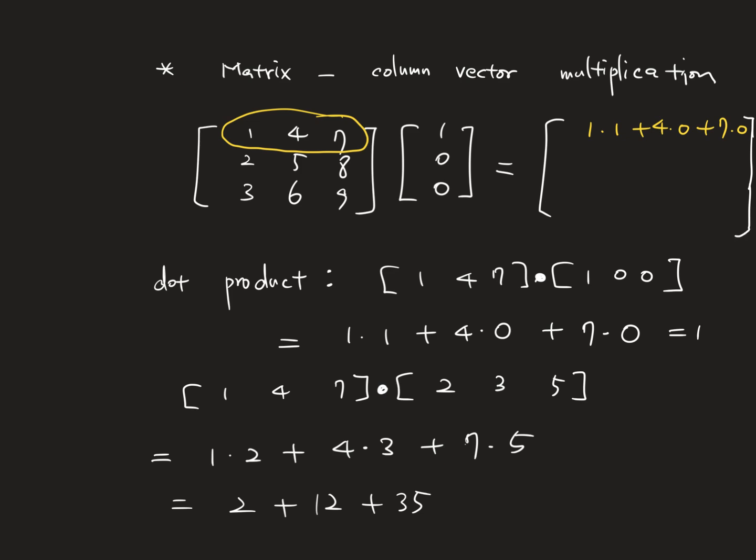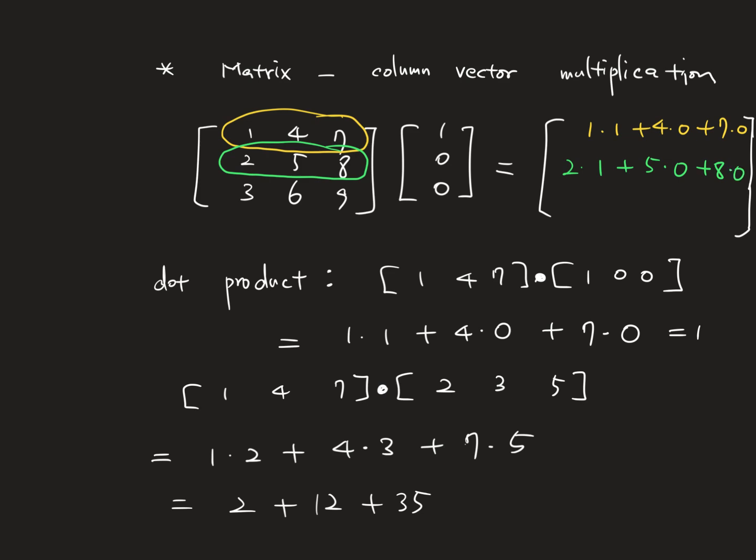And the second component is also a dot product. So I think we're going to use the second row as a row vector. And the second component of the output vector is 2 times 1 plus 5 times 0 plus 8 times 0.